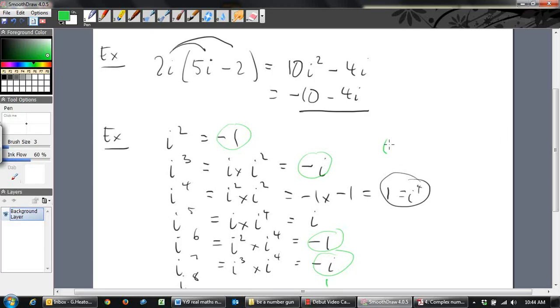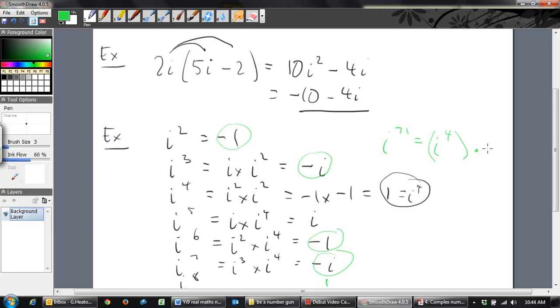So if you're trying to figure out what's i to the power of 71, then what would that be? Look at how many multiples of 4 go into that. Why did I choose such a ridiculous number? What's the closest multiple of 4? 68, it's a multiple of 4 anyway.